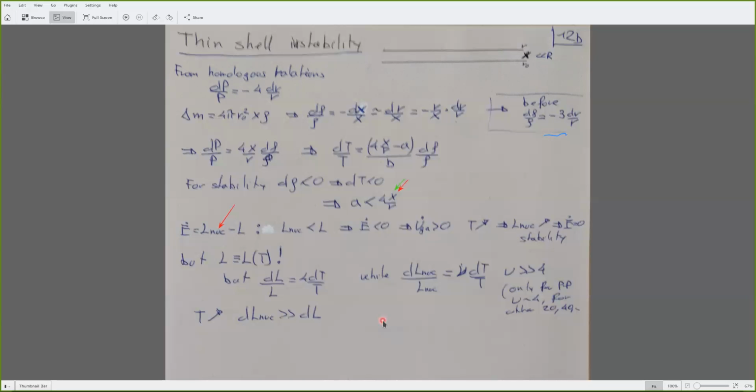In the stars, we have the main sequence, which is defined as a star where the main energy production is given by burning in the center, in the core. This is the definition of main sequence stars.